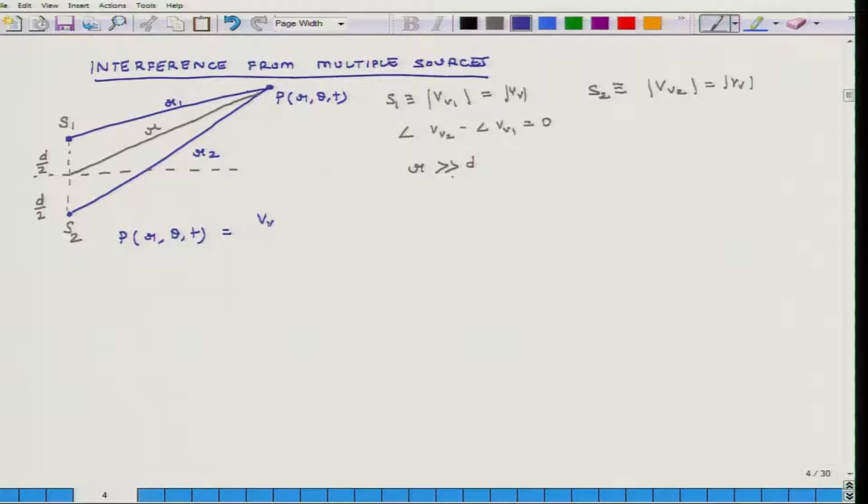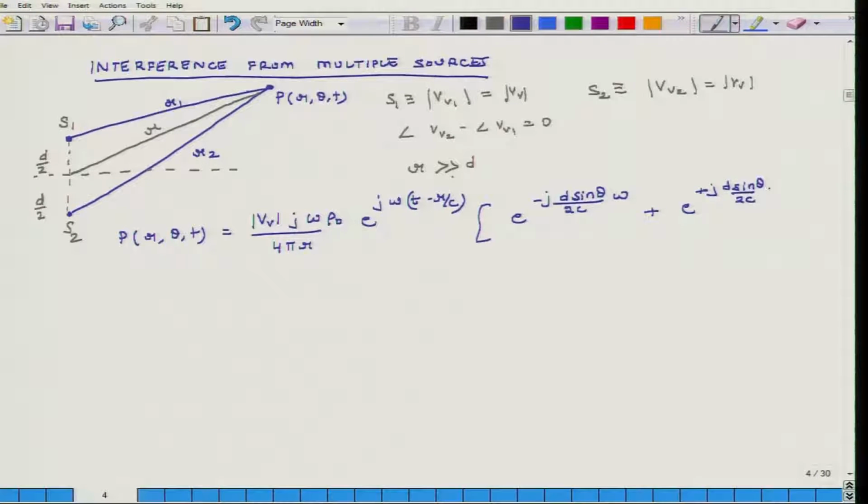So, pressure at r, theta, t is equal to VV times j omega rho naught divided by 4 pi r, e to the power of j omega t minus r over c, and in the brackets we get e to the power of minus j d sin theta divided by 2c times omega, plus e to the power of plus j d sin theta divided by 2c times omega.